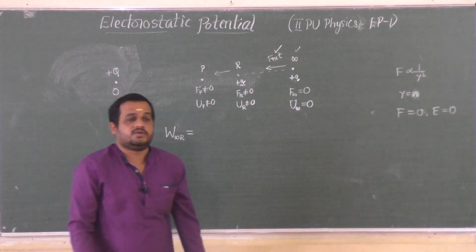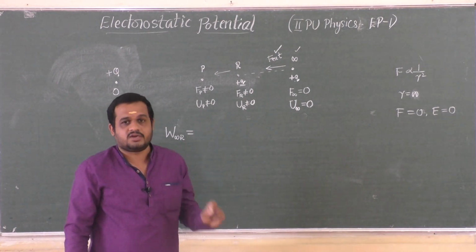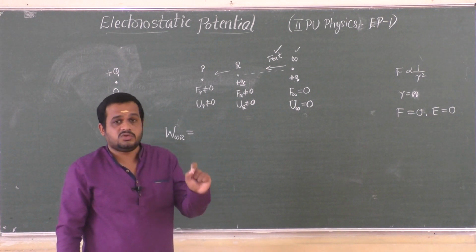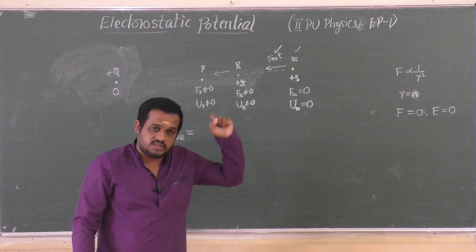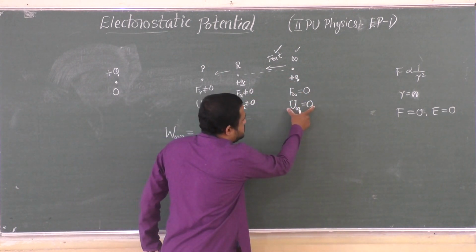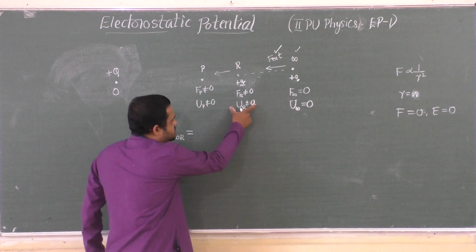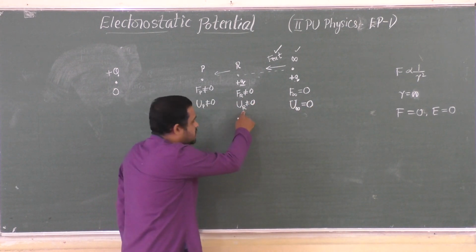now we know that electrostatic force is conservative in nature. That means in case of an electrostatic force field, the amount of work done is stored in the form of potential energy. Here the potential energy of plus Q at infinity, U infinity, is equal to 0. When it reaches here, its potential energy is UR.